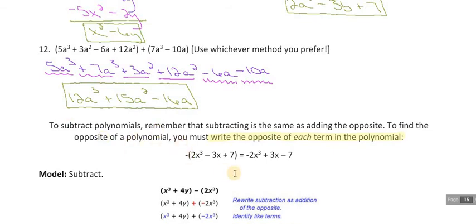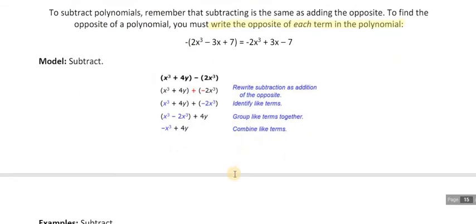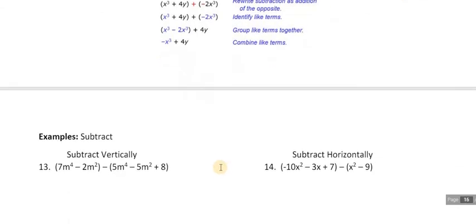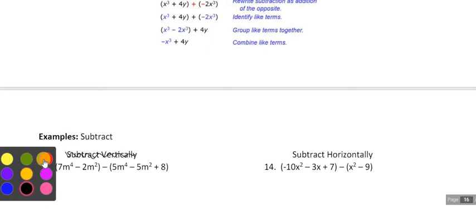Therefore, we need to change all of those signs. Okay, so I'm not, again, a huge fan of particularly vertical subtraction, so we're not even going to do it. Because I want to make sure that we distribute our negative sign through.